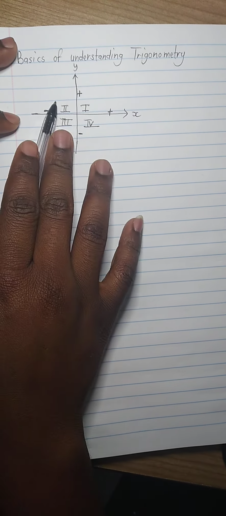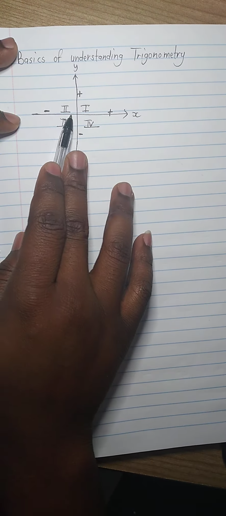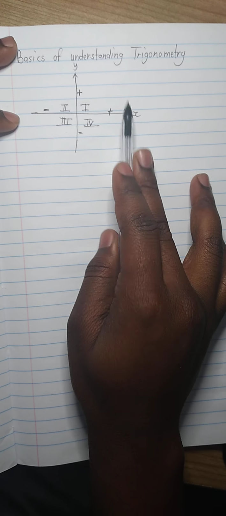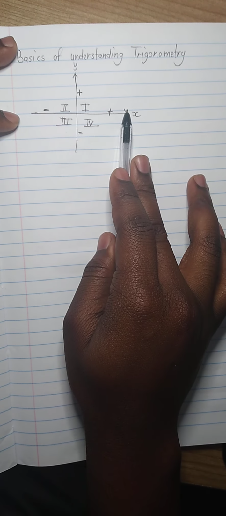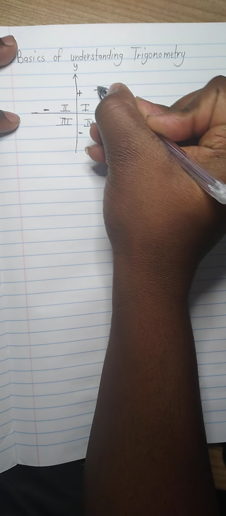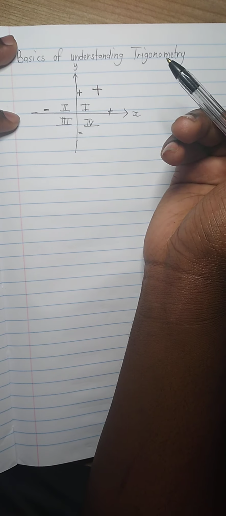So if we take a number of y multiplied by a number of x, or divide, we will still get a positive answer. So this quadrant is always positive.